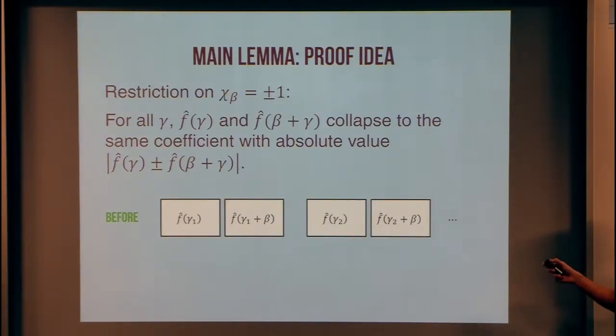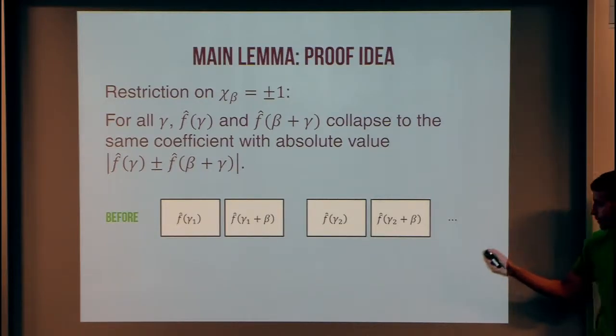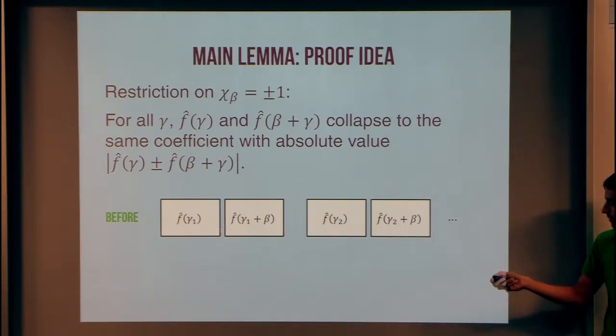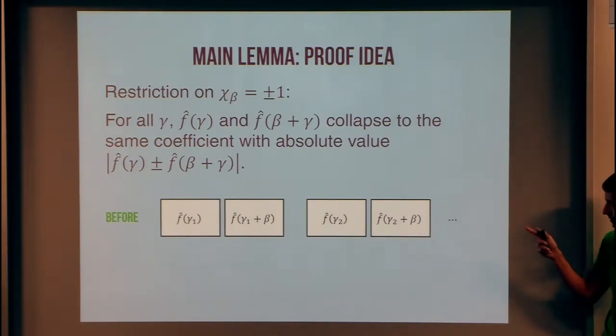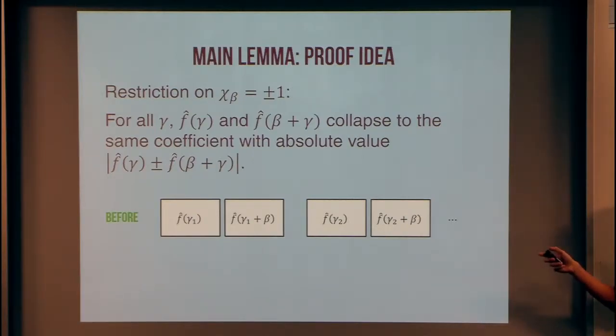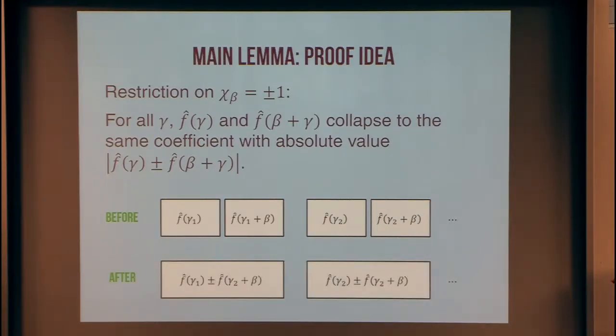So like before we can arrange them all in pairs, like f hat of gamma 1 and f hat of gamma 1 plus beta, and gamma 2 and gamma 2 plus beta. These are basically the cosets of the additive subgroup generated by beta, which consists of beta and 0. And every pair collapses to the same coefficient.